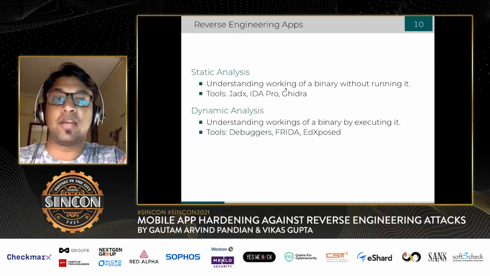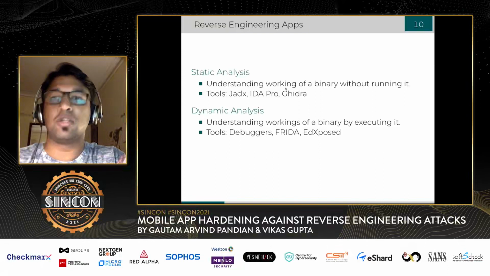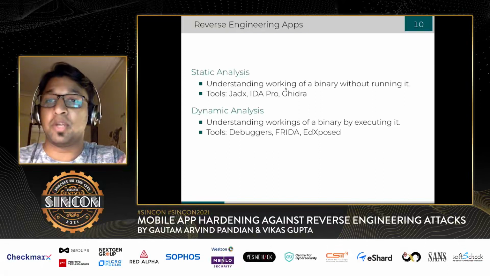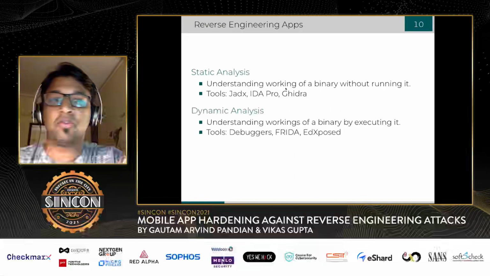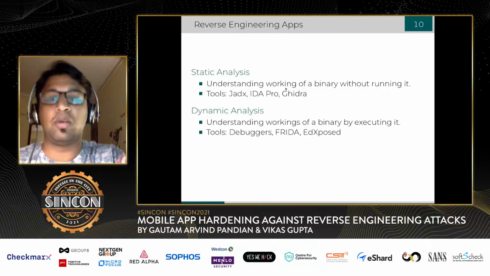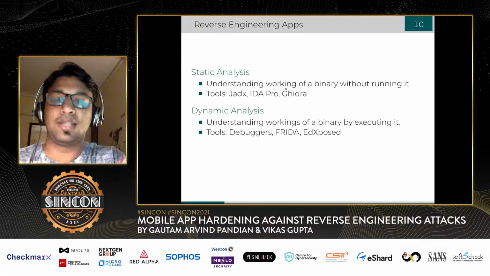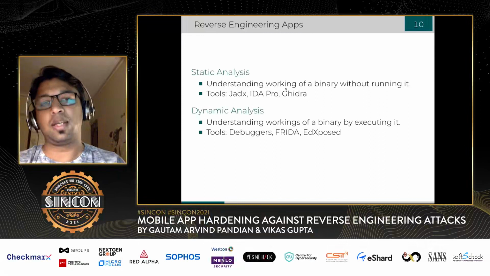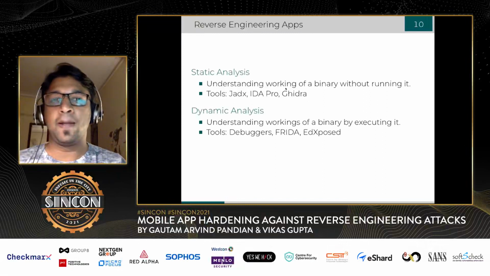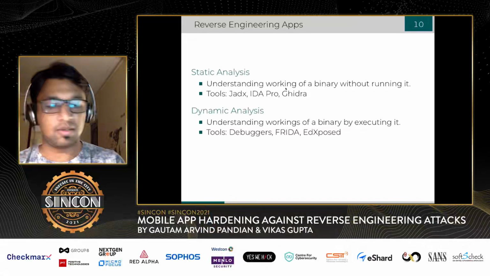In dynamic analysis, you run the binary and see the outcome, whether it is the data or how the information is flowing through the binary. You can use various tools including debuggers, and then you have awesome tools like Frida and Xposed. So those are the two major approaches, and our goal is to slow down reverse engineering using both techniques, static and dynamic. You will see that the techniques we are discussing today, one way or the other, target static or dynamic analysis.